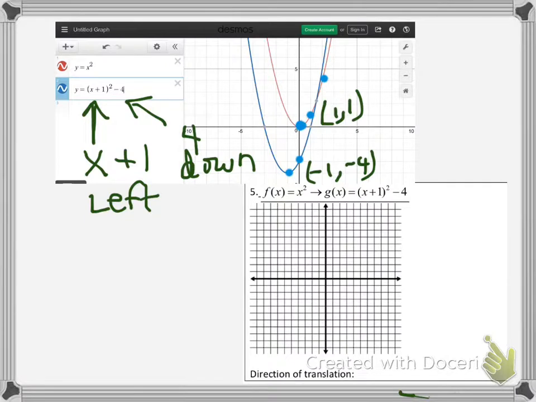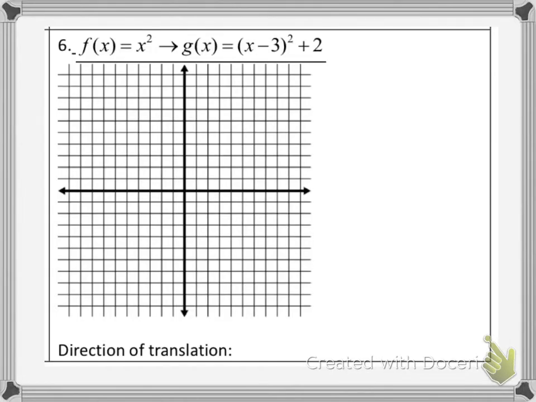Right there. 1 to the left, so it's at 0, and 4 down, so it's at -3, just like we'd expect. And the point here at 2, 4 moves down, moves to the left 1, so 1, 0, right there. So this moves left and down. Okay, that's really all there is to it. See if you can figure this one out.